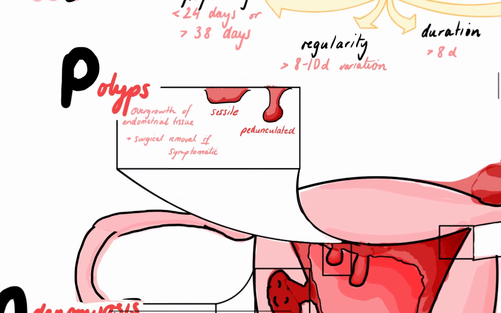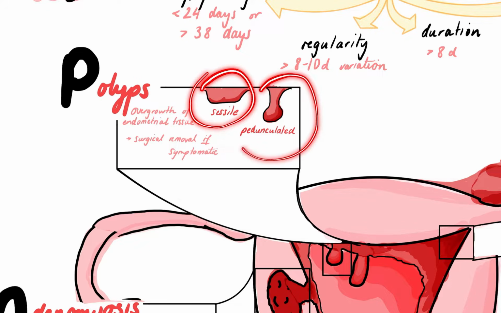Right, so now coming back to P is for polyps, in this case anyway. Polyps are actually an overgrowth of endometrial tissue, so that glandular and vascular innermost layer of the uterus. Polyps can be defined as sessile or pedunculated.